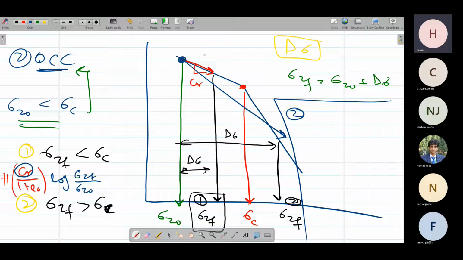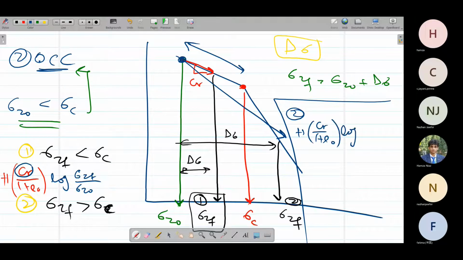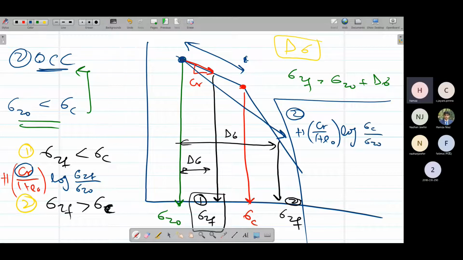The first settlement would be H times CR over 1 plus E naught times log of sigma C over sigma Z naught, where sigma C is the final pressure for this first curve.